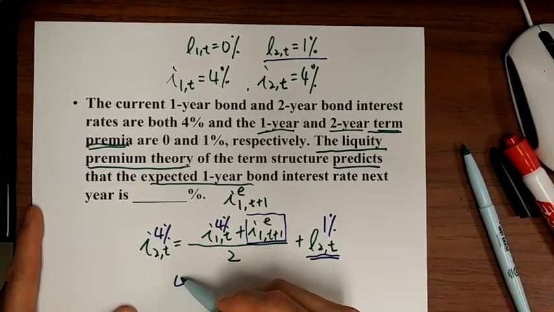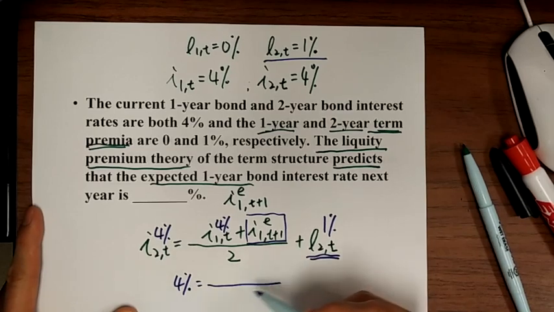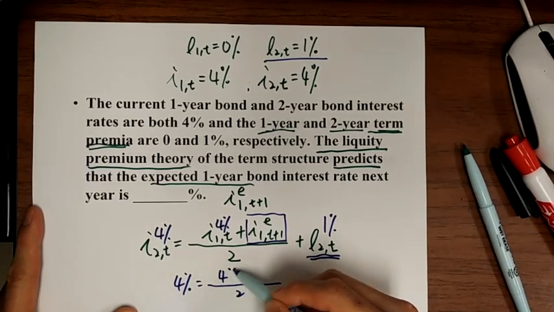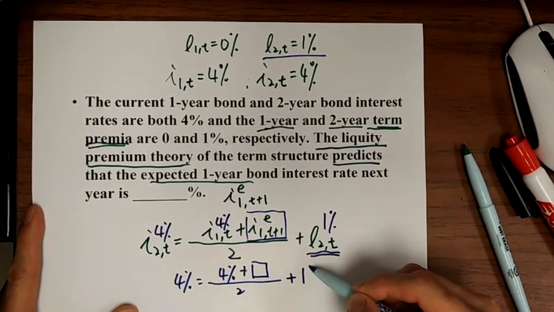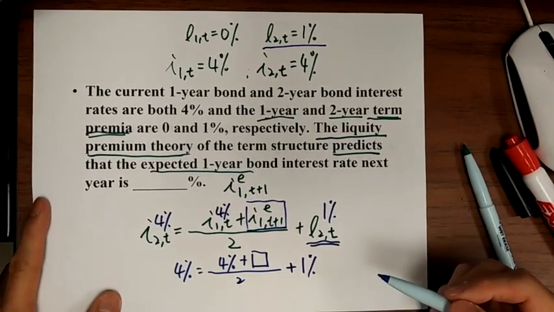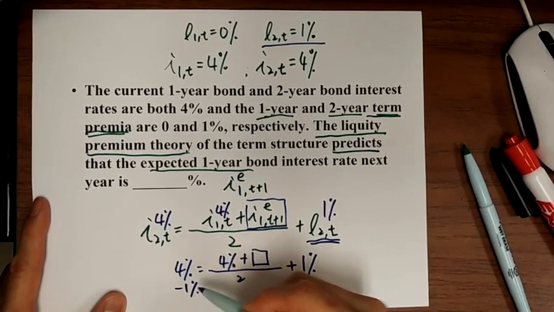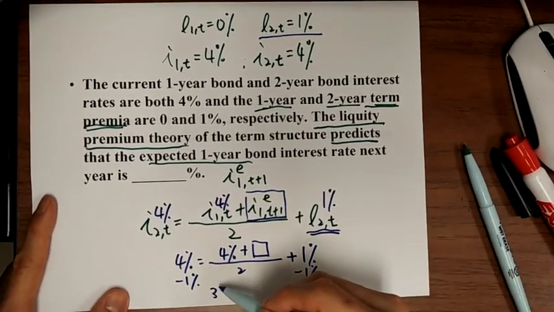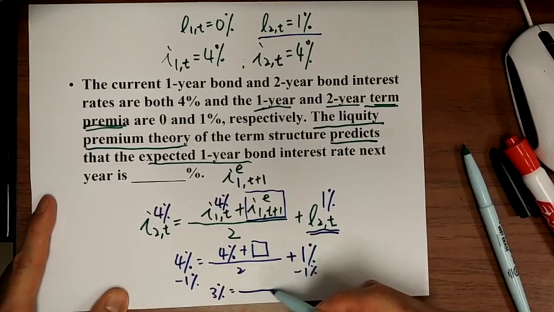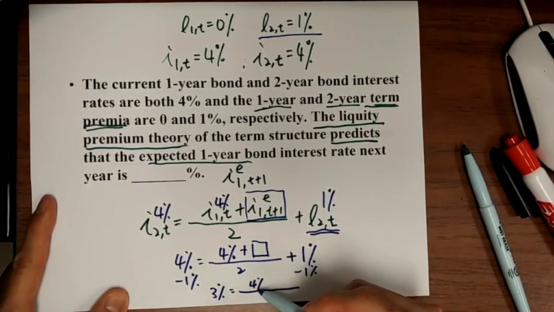That is, 4% is equal to the average of 4% and the unknown, plus 1%. So minus 1%, 3% is the average of these two.